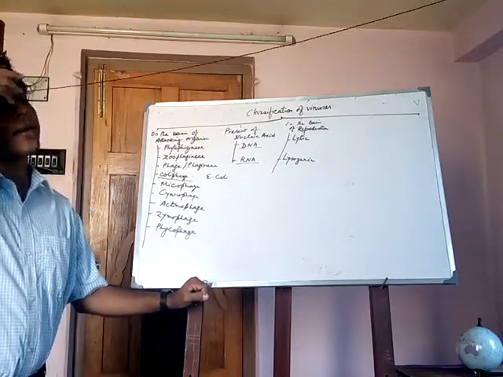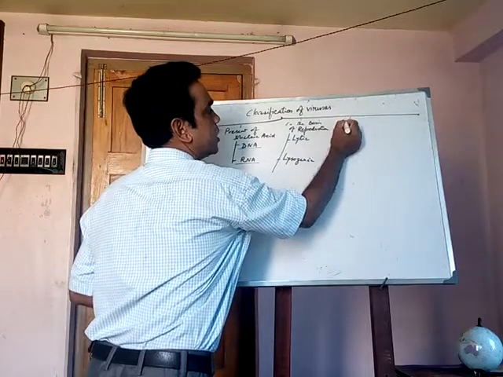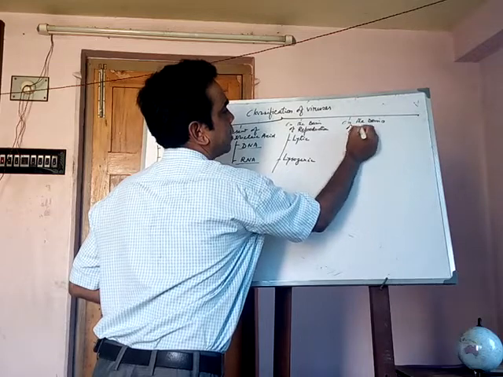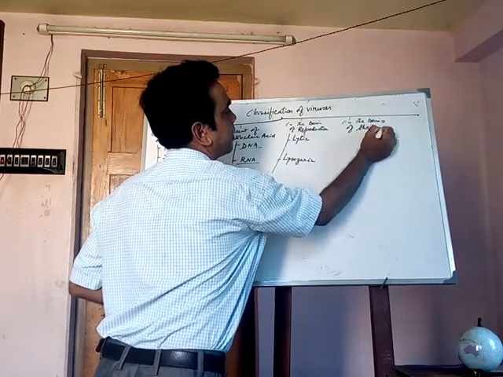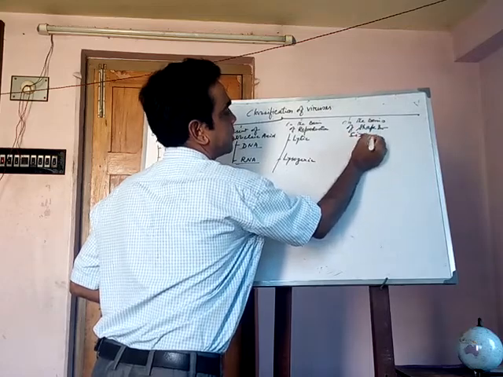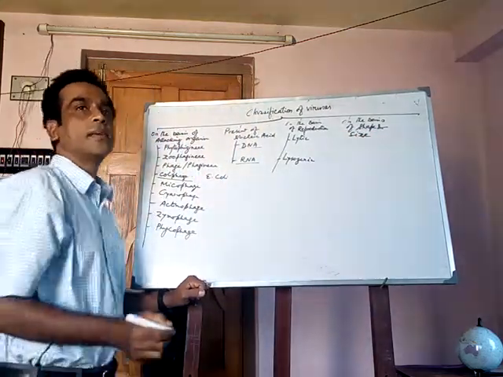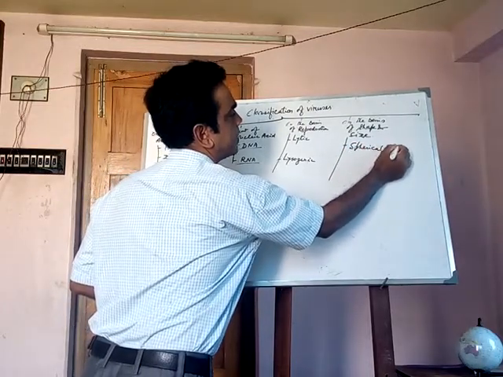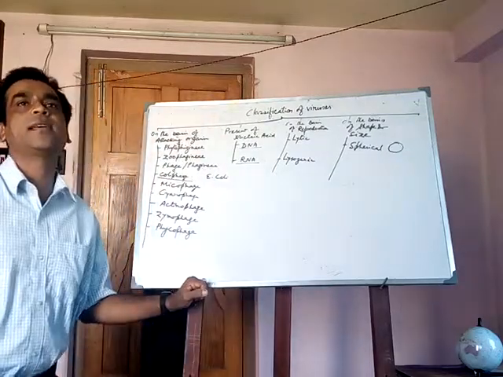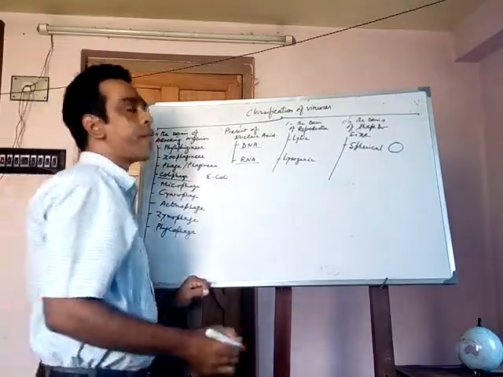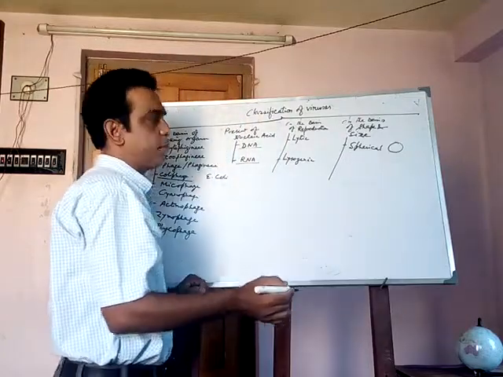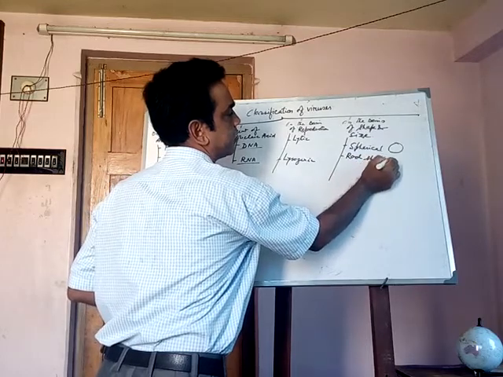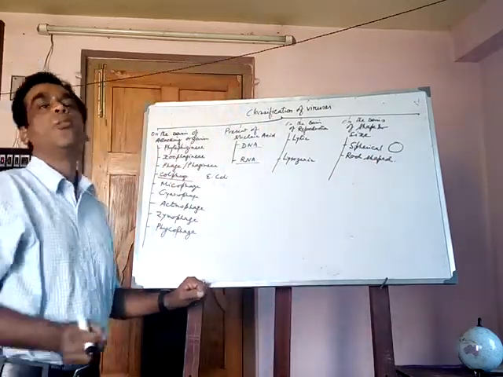Next, on the basis of shape and size. They are spherical, that is rounded; influenza viruses are spherical. Rod-shaped, that is polioviruses.